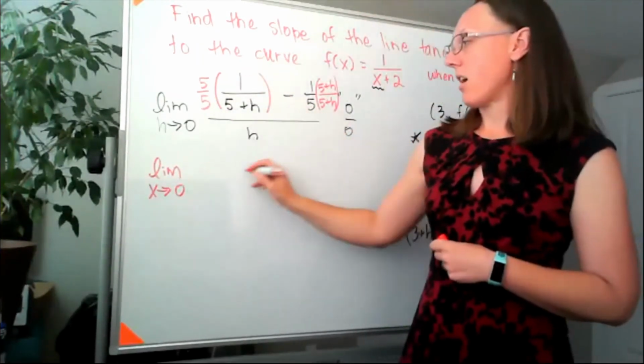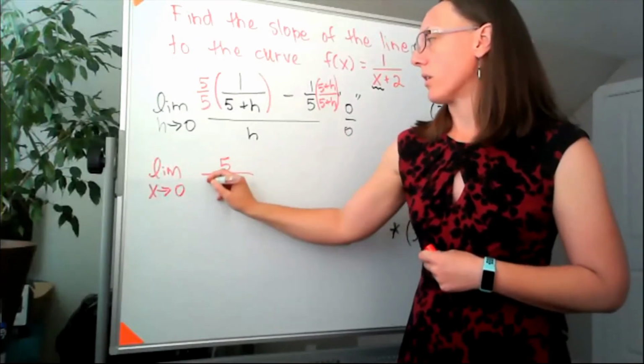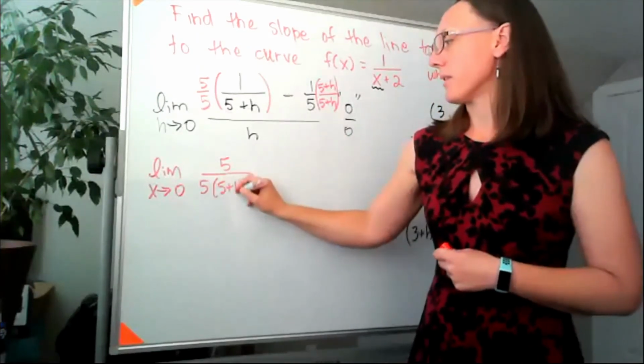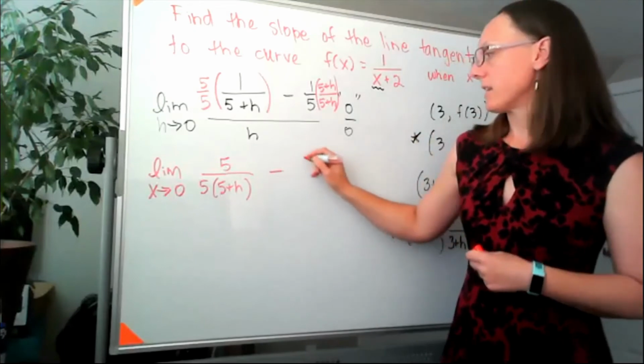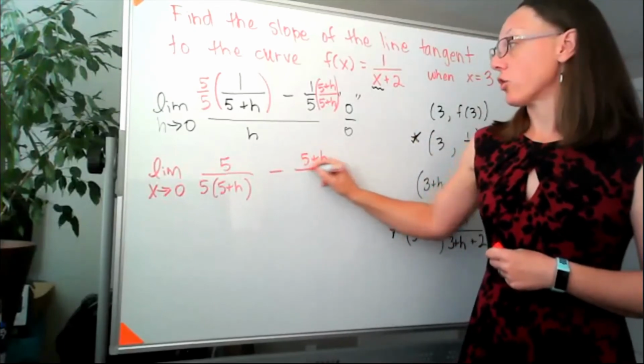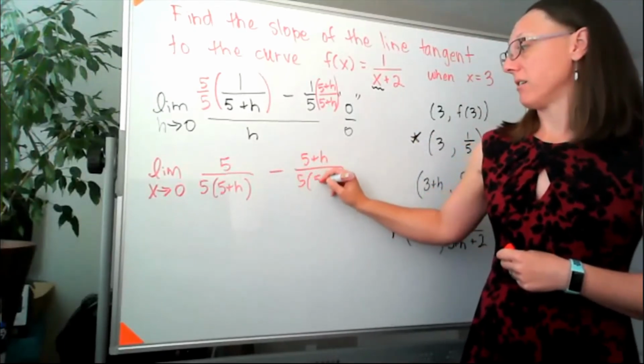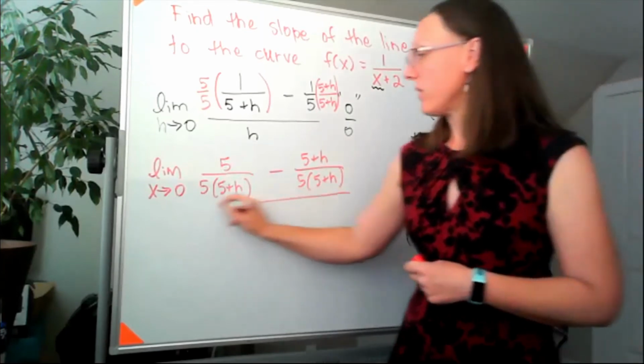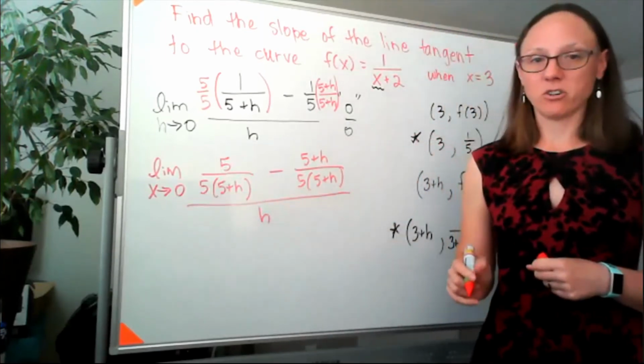So up here on top, I've got 5 over 5 times 5 plus h minus 5 plus h over that same denominator. And that whole entire thing is still over h.